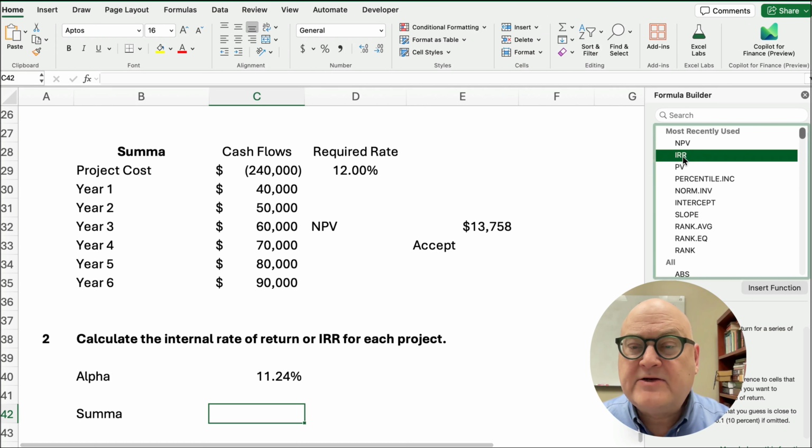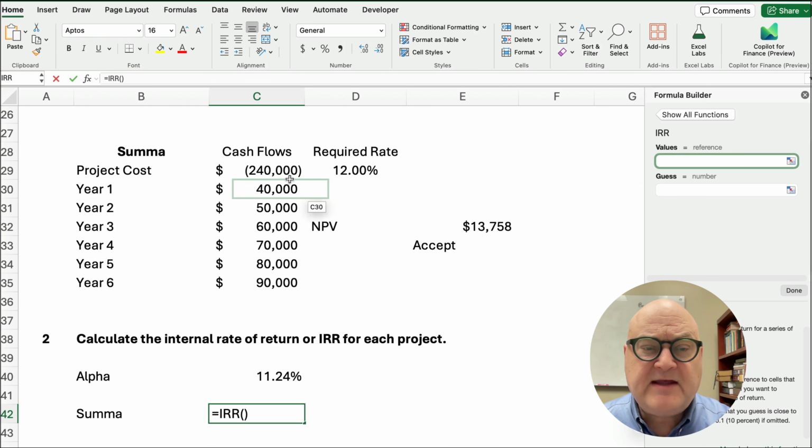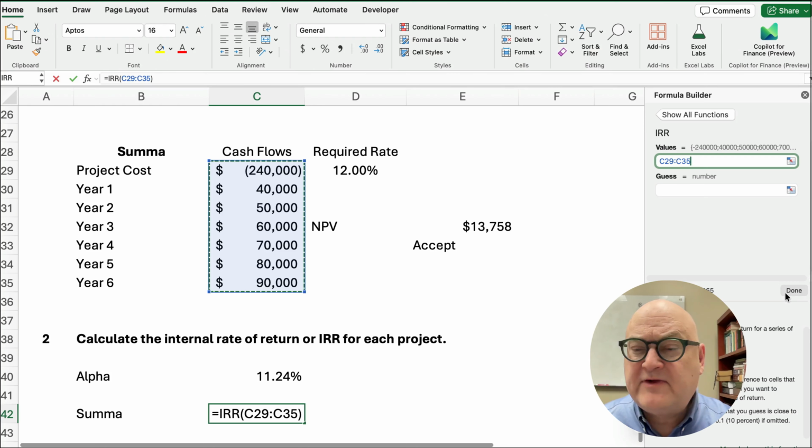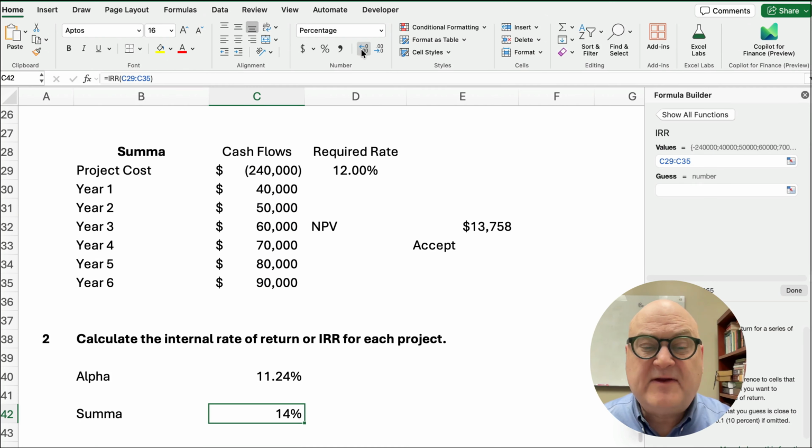All right, so our internal rate of return is going to be the year zero all the way through the positive numbers, hit OK. It's going to be something like 13.74%. So alpha returns 11.24, SUMA returns 13.74. At 12%, we would reject alpha, but we would accept SUMA.